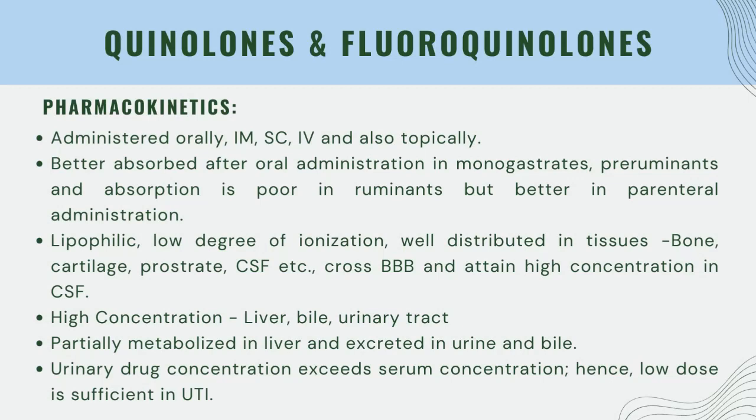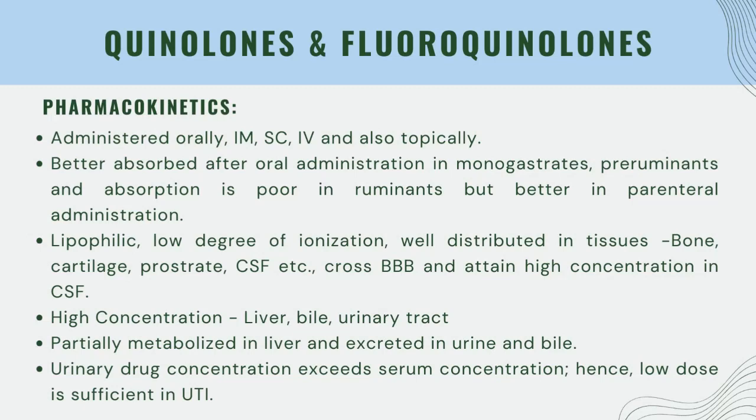Pharmacokinetics. Quinolones and fluoroquinolones are administered orally, IM, SC, IV, and also topically. They are better absorbed after oral administration in monogastrics and preruminants, and absorption is poor in ruminants, but better in parenteral administration.